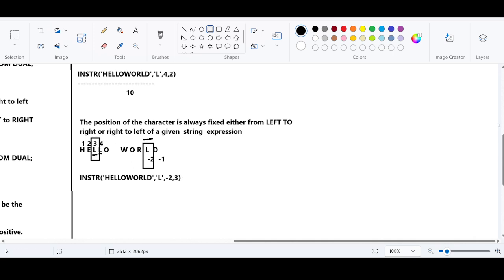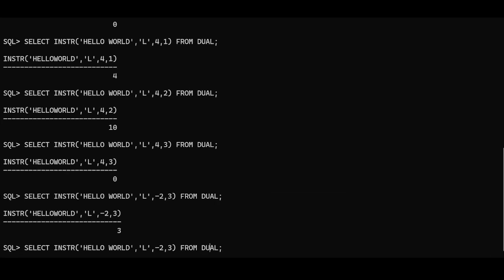To see another example for the negative positions, let me take 4 here. You get 0 because starting from -2 means from backwards. This is -1, this is -2, and you are trying to find the fourth occurrence. From here, this is the first occurrence, the second, the third, and there is no fourth occurrence.